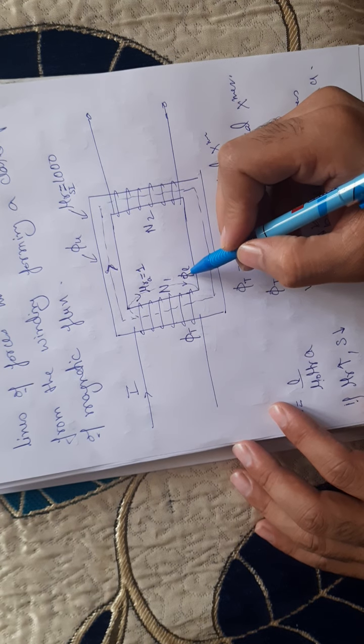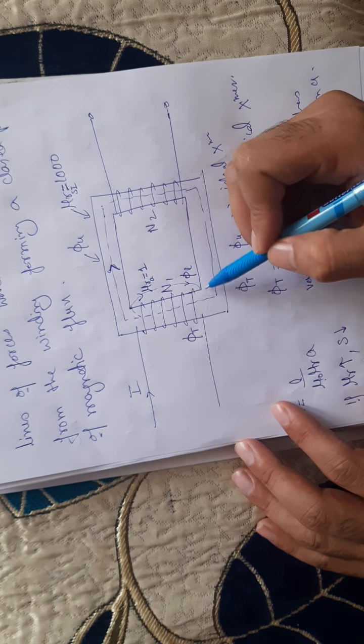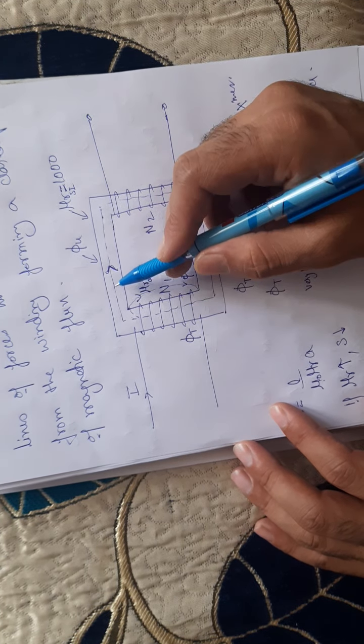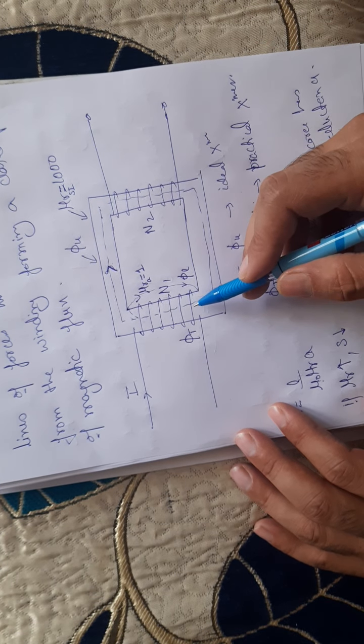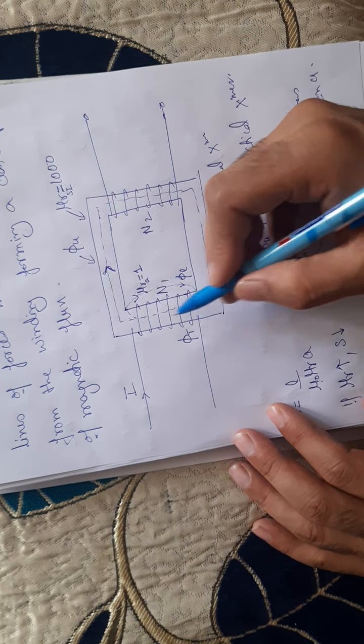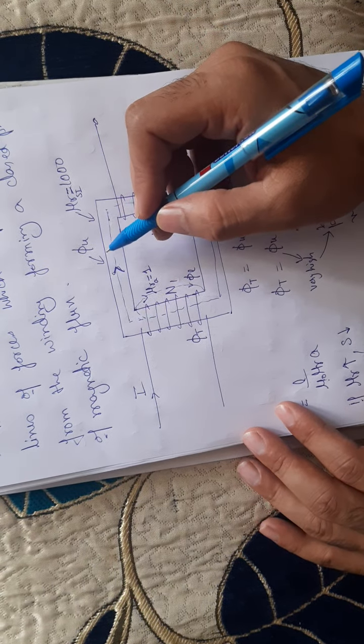Okay. This leakage flux that is generated here, it is linked with only the primary winding. However, this useful flux, it is linked with both the primary and the secondary winding. So that flux which cuts both the primary and the secondary winding, that flux is called as the useful flux.